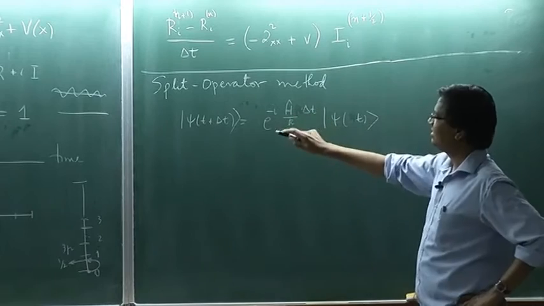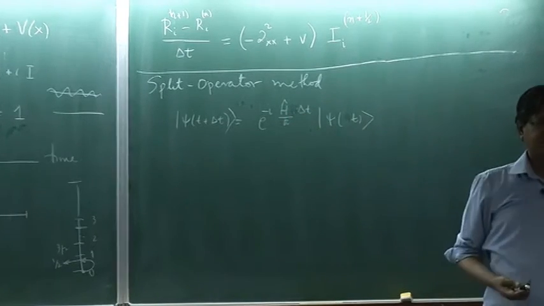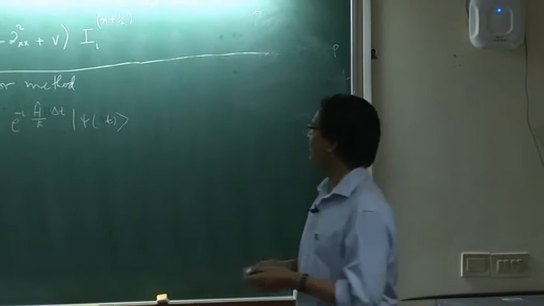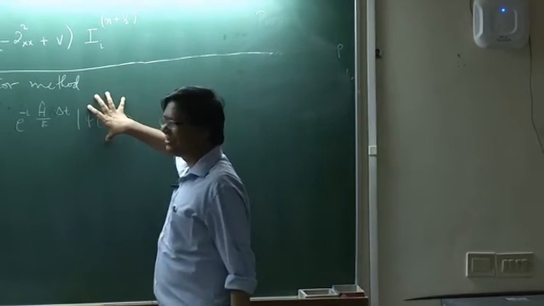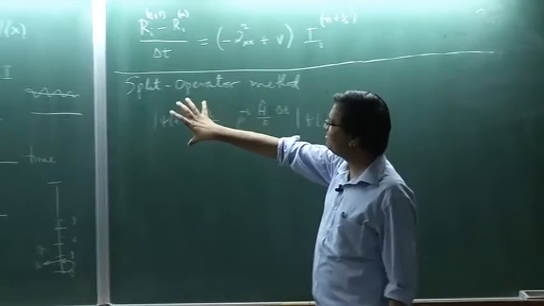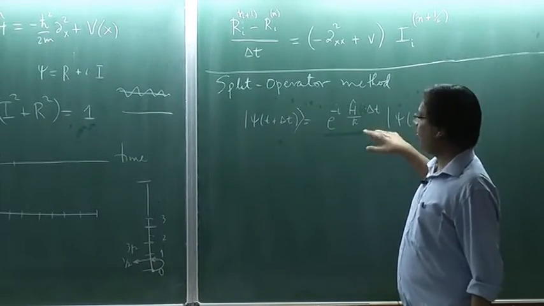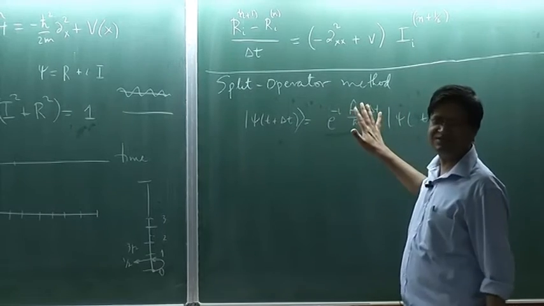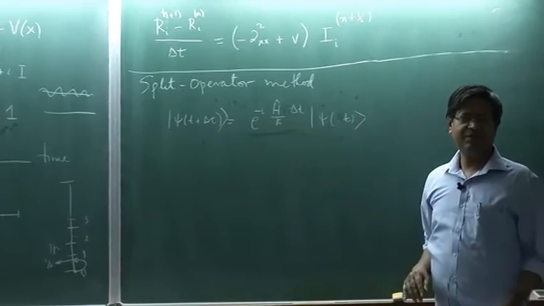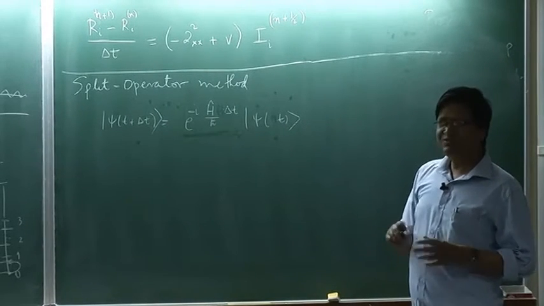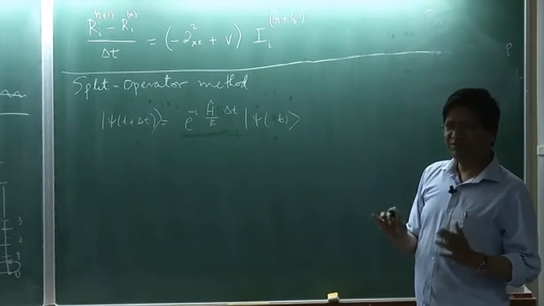So this is an operator equation. Okay. So given the wave function at time t, I can go to time t plus delta t, and this is the evolution operator. Now this is an operator, but we will go to real space, this kind of representation. So we just make a slight change in the scheme.